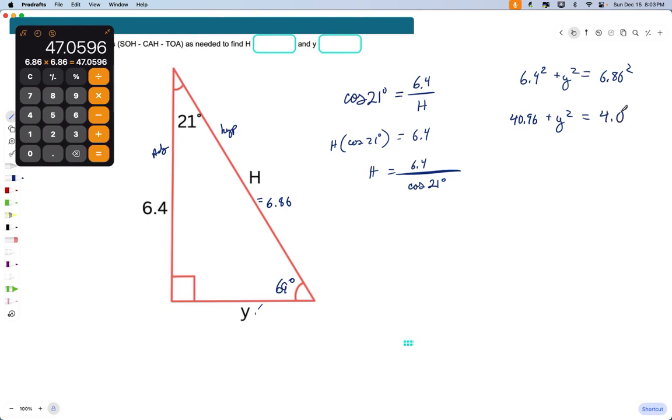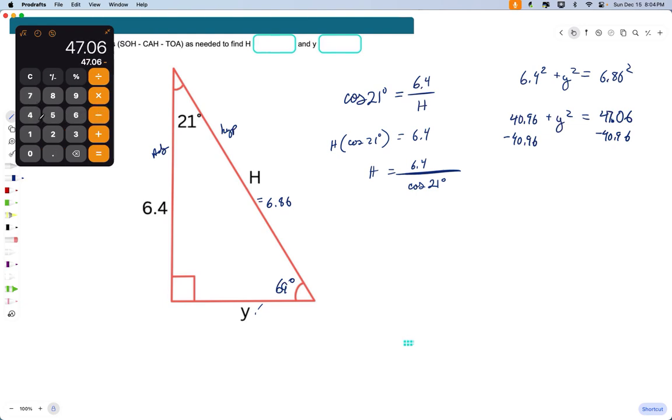47.06. Close enough. I'm going to subtract this from both sides. So 47.06 minus 40.96.